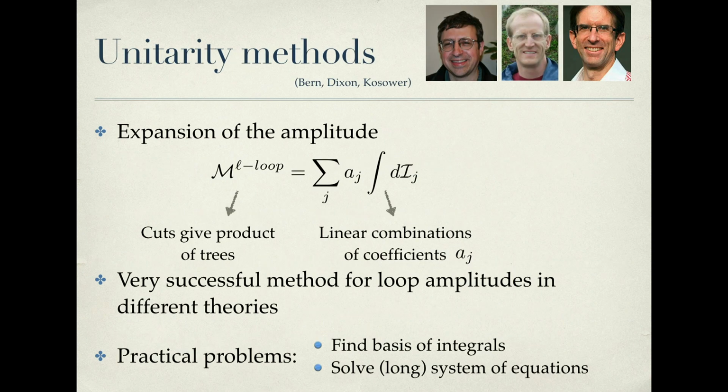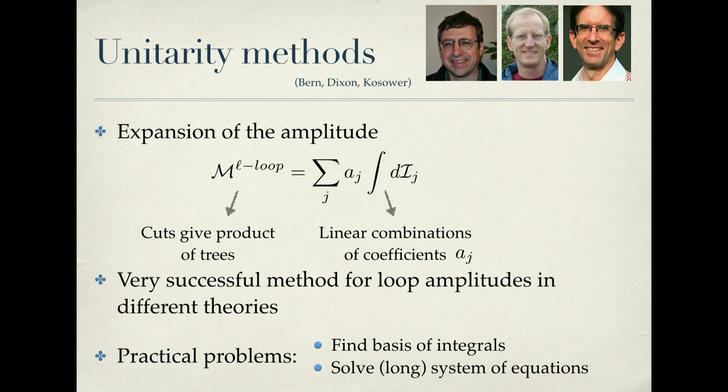Now, how to use it as a computational tool? So we mentioned these unitarity methods, which date back to early 90s, which from some point of view is a very smart reshuffling of the Feynman expansion.